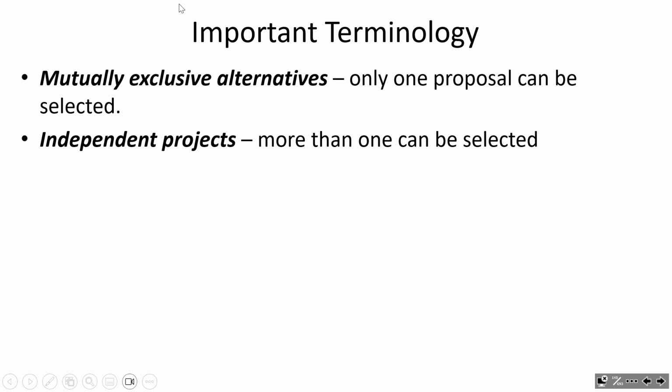And the same may be true in business as well. There may be certain times where if you're getting asphalt rolling equipment, maybe you'd get one big one and one small one, so that on the big jobs you use the big asphalt roller, on the small jobs you use the small one. So there are instances where you can select more than one alternative.